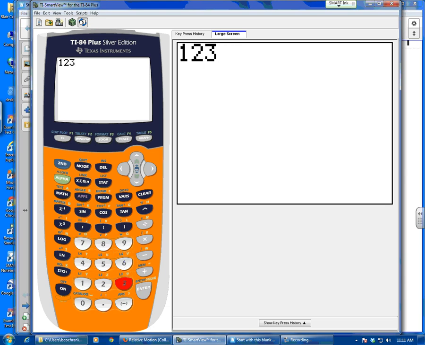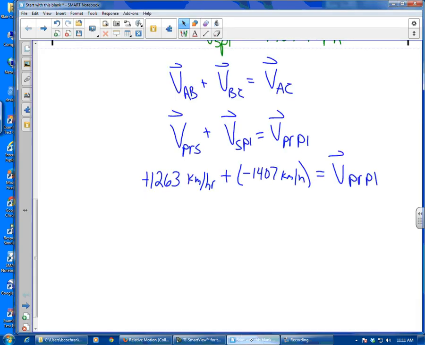Try that again now that I don't have the marker in my hand. 1263 plus negative 1407. Negative 144 kilometers per hour.